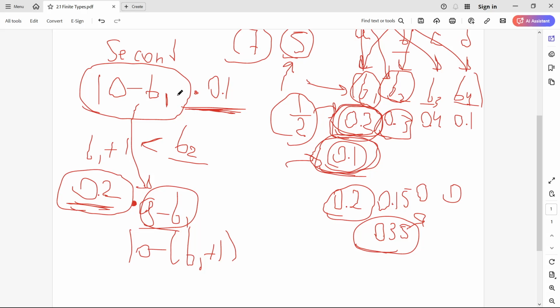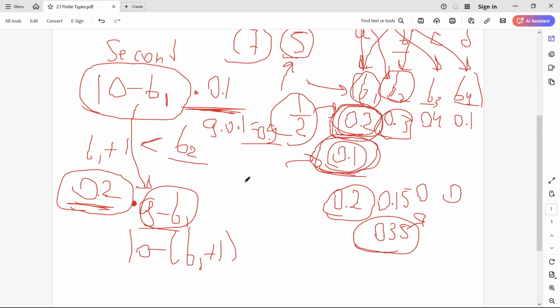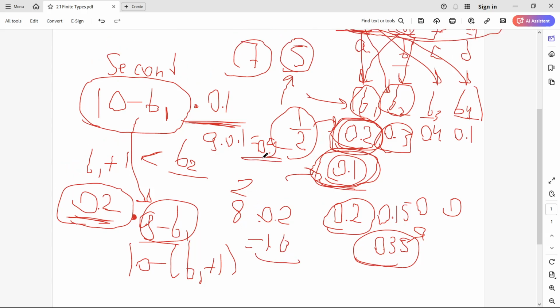For example, if you bid 1 before, so here you had 9 times 0.1 and you had 0.9 expected payoff, and now instead of bidding 1, you bid 2, your payoff is now 10 minus 2, so 8 times 0.2, and it's 1.6. So in such a scenario, you would deviate.